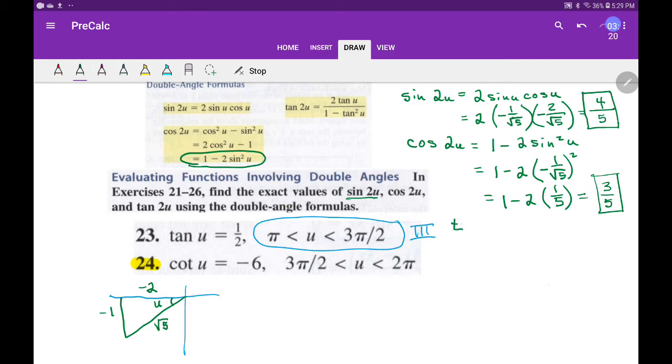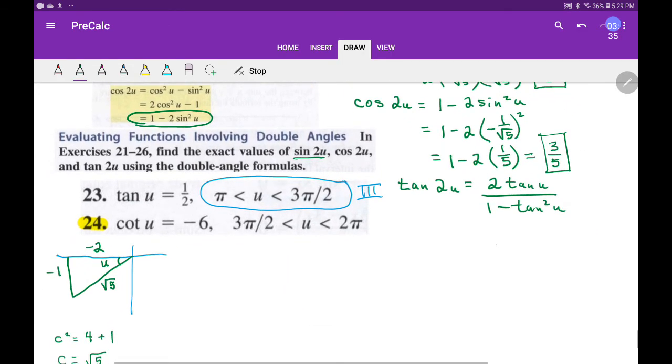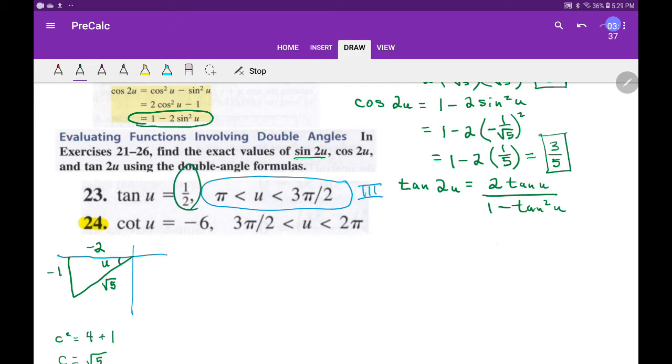Now I'm going to say the tangent of 2u is equal to 2 times the tangent of u over 1 minus tangent squared u. Alright, so I know from what they told me here that the tangent of u is 1/2, so 2 times 1/2 over 1 minus 1/2 squared.